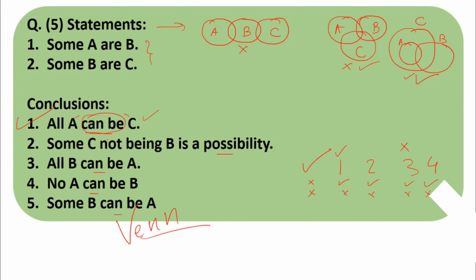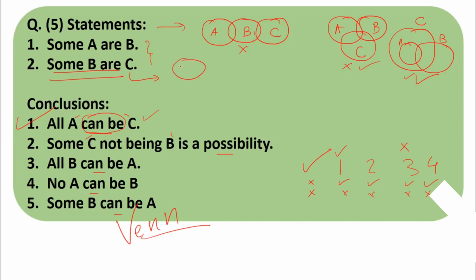Okay, next conclusion: some C not being B is a possibility. Here we know some B are C. Obviously, common sense is that if some of the B are C, then we can write that some C is not B. But here the relation between C and B has been asked, and we get the relation directly from this statement.